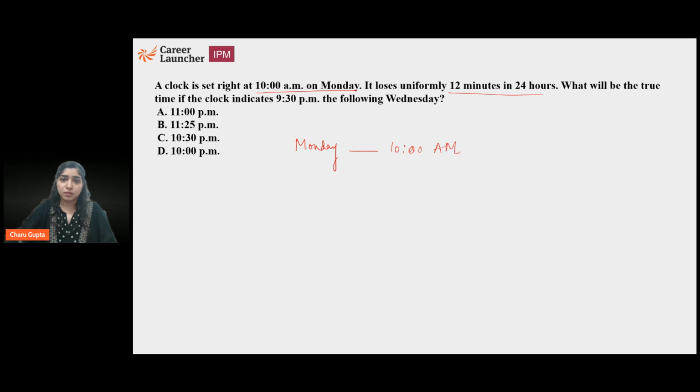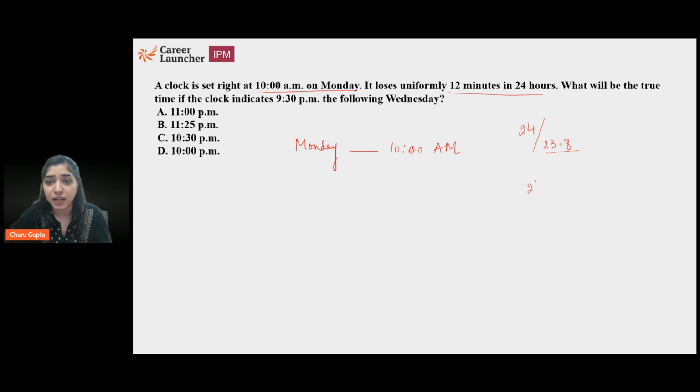Now after that, clock is losing 12 minutes every 24 hours. That means क्लॉक में एक्चुअली 24 आवर्स कवर हो जाने चाहिए थे, बट क्लॉक ओनली कवर्ड 23.8. Why I've written 23.8?